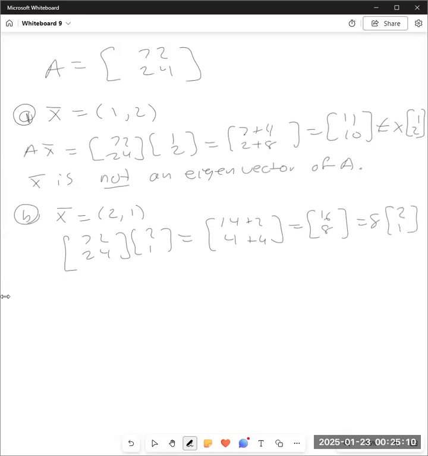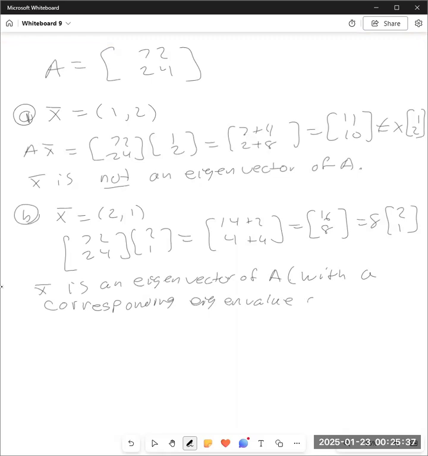So yes, x is an eigenvector of A with a corresponding eigenvalue of 8. Even though we weren't asked for that, since we have both pieces, might as well give both pieces.